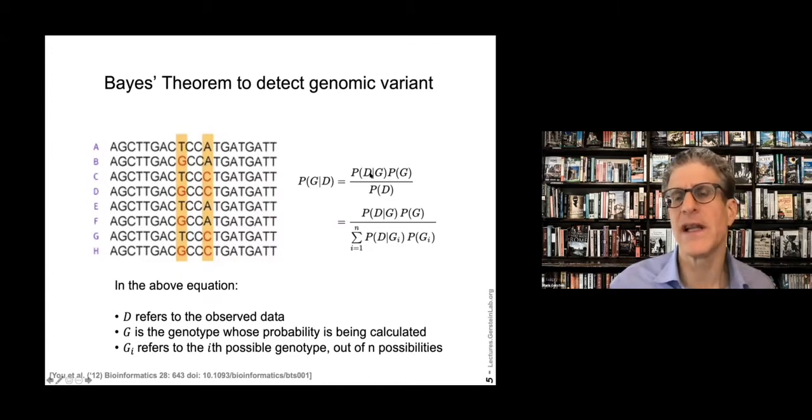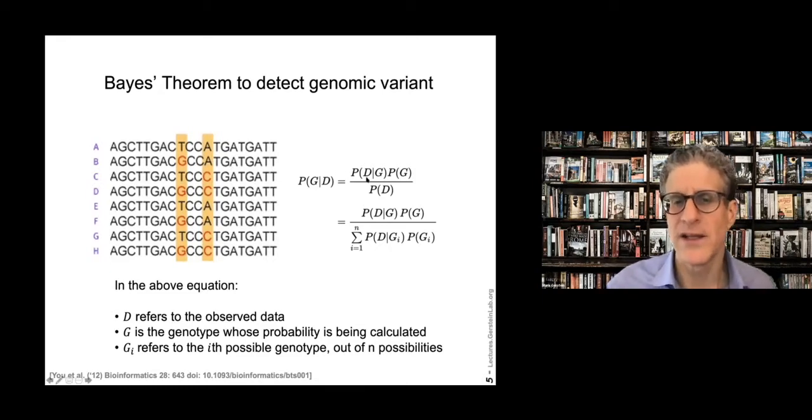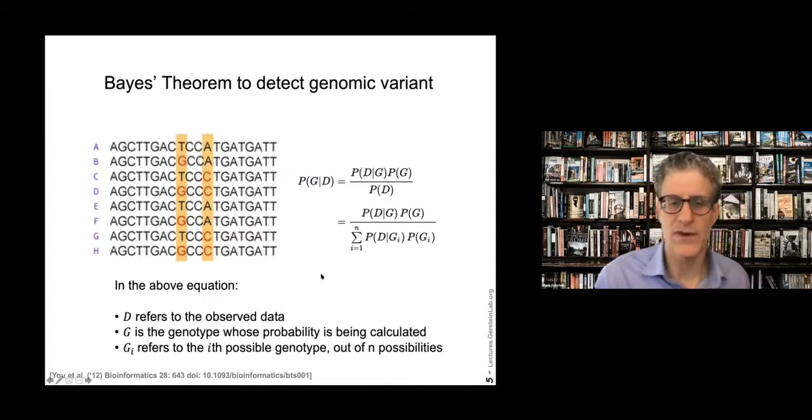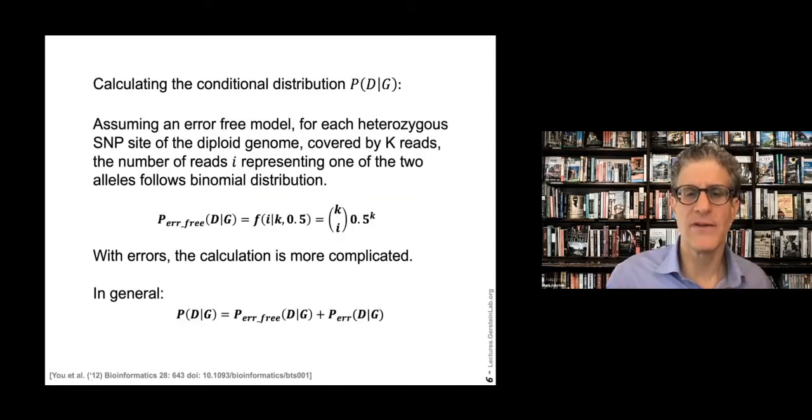So we basically invert that and talk about the chance of a given genotype, such as a heterozygous SNP, giving rise to this data. Then, of course, we have the probability of that genotype and the probability of the data, and so forth. That's the standard inversion that we do.